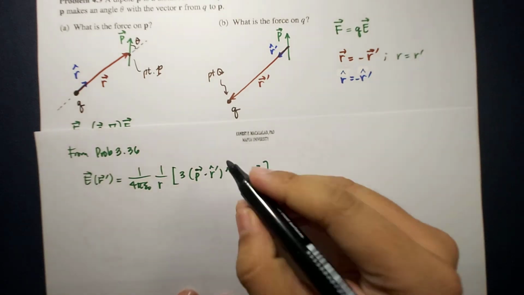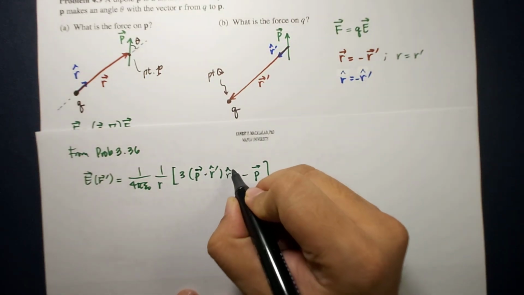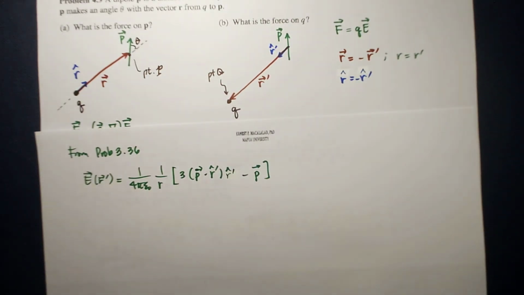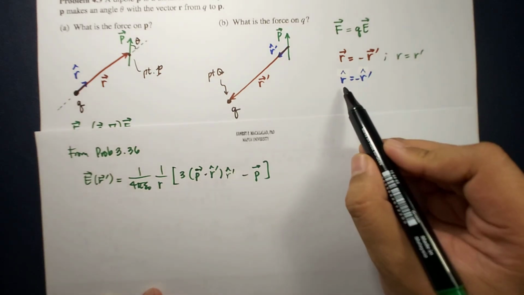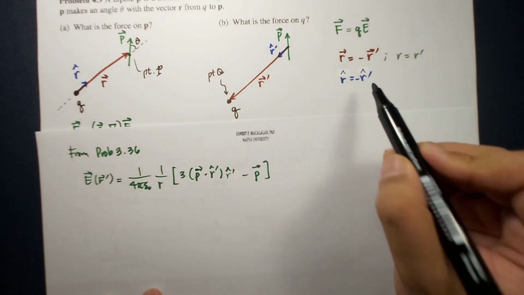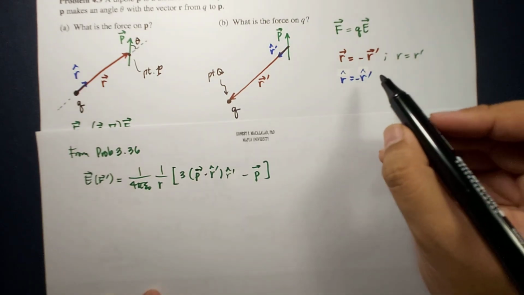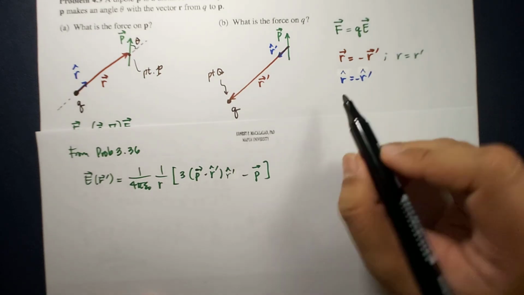Okay, so let me just clean this up. Again, this is r prime. So we know already that r hat is equal to negative r hat prime, or r hat prime is equal to negative r hat.